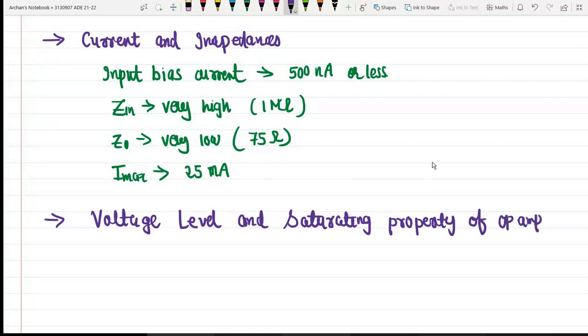Suppose I have an input signal of 1 millivolt, and the gain provided by the amplifier is 500, then the output voltage will be equal to 500 millivolt.